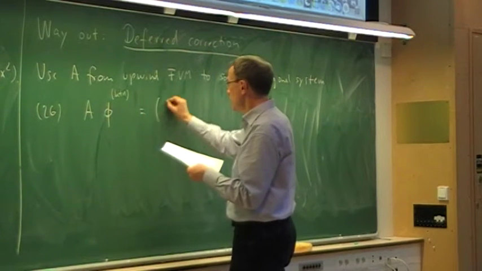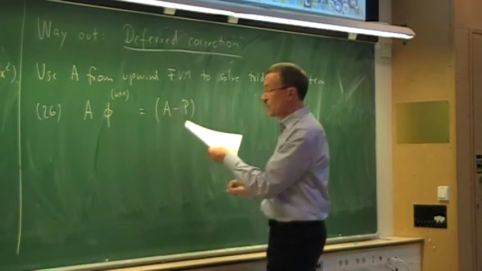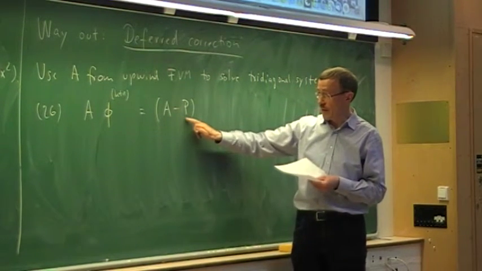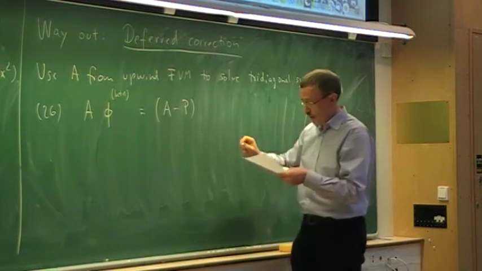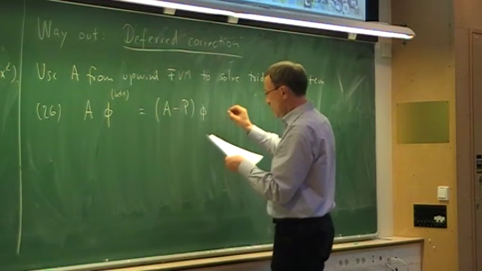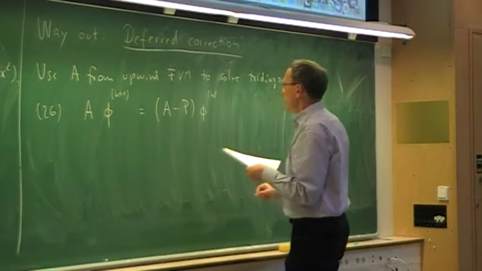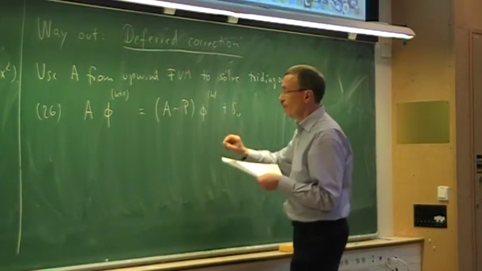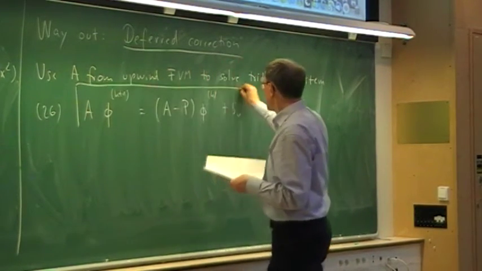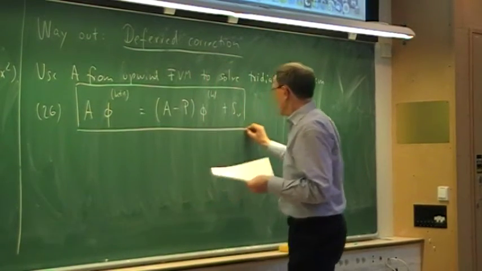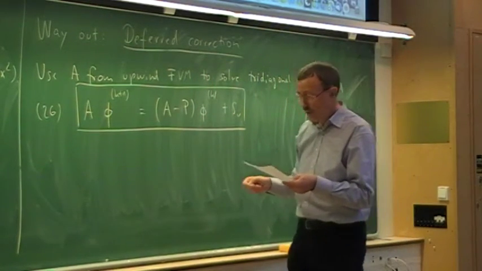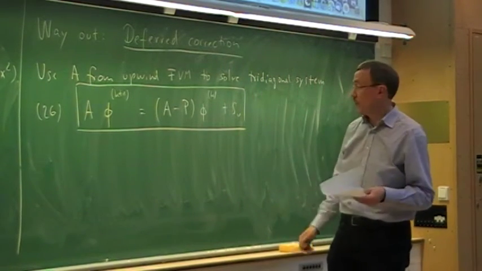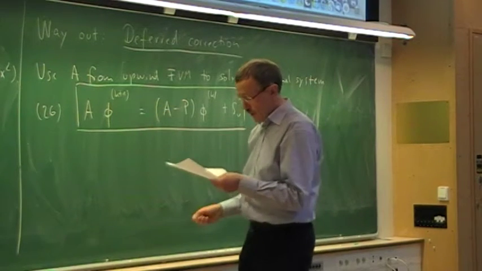And on the right-hand side, we have the difference between these matrices. This A is a tridiagonal matrix from the upwind method. This P is the pentadiagonal matrix from the QUICK method. We multiply that with the value of our unknown at the old iteration, plus the SU. So the price is we have to iterate. The advantage is we can use the TDMA to solve it, because the right-hand side we can just compute from the old iteration, and then we solve this.